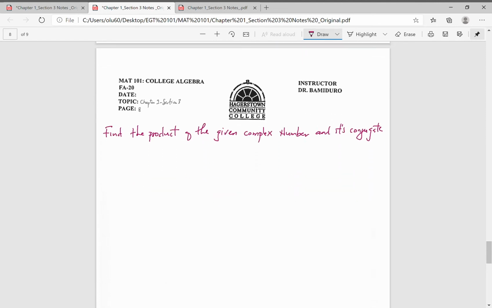Now keep in mind that the conjugate of z, which is a plus bi, is z with a bar on top of it equals a minus bi.